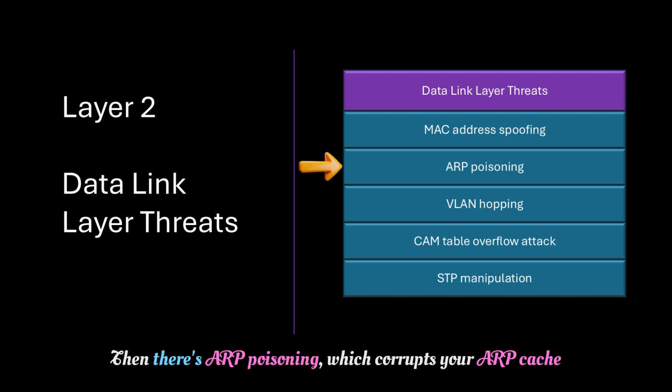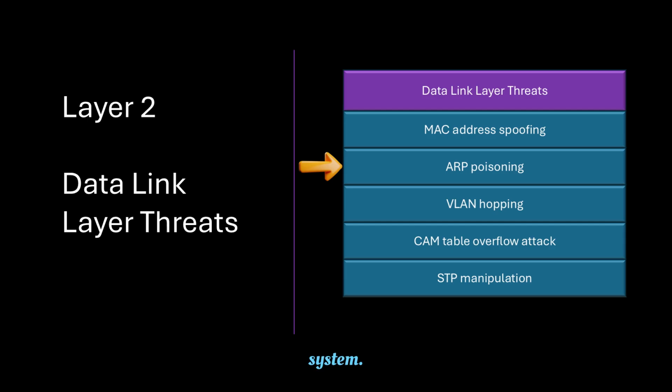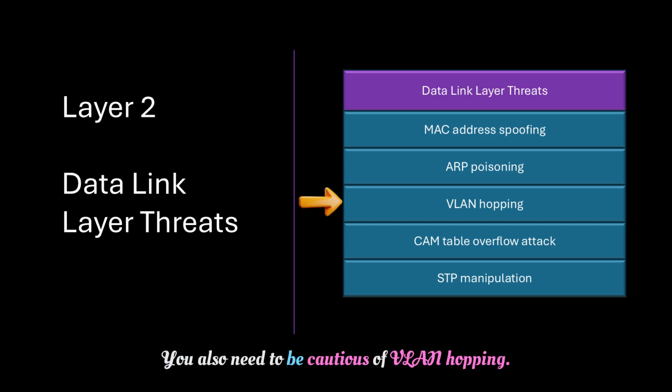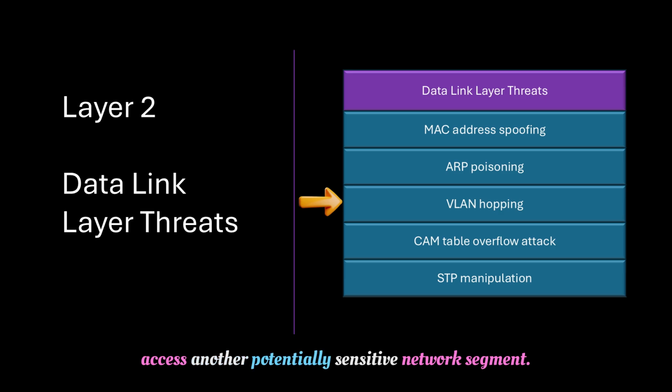Then there's ARP poisoning, which corrupts your ARP cache so that traffic meant for one device is quietly redirected through the attacker's system. You also need to be cautious of VLAN hopping. This involves exploiting misconfigured switches to break out of one VLAN and access another, potentially sensitive network segment.